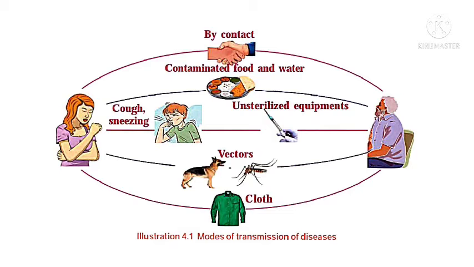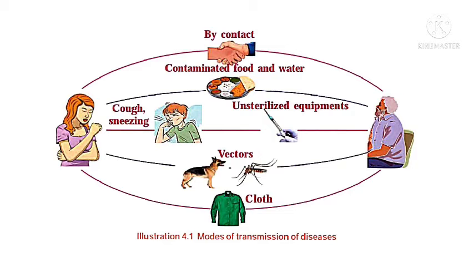We already know that by contact, then through contaminated food and water, then through cough and sneezing. We know that the droplets may spread in the air and it also spreads the diseases. Then unsterilized equipment. We are already familiar with all these things. Then also through vectors.